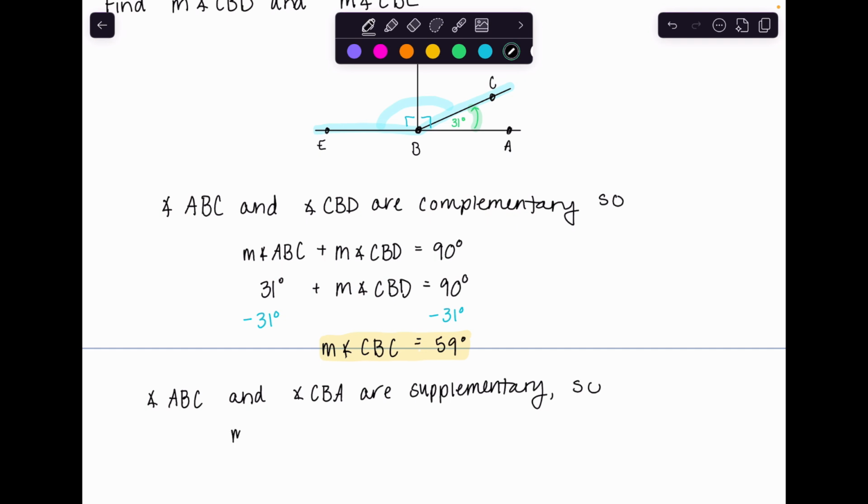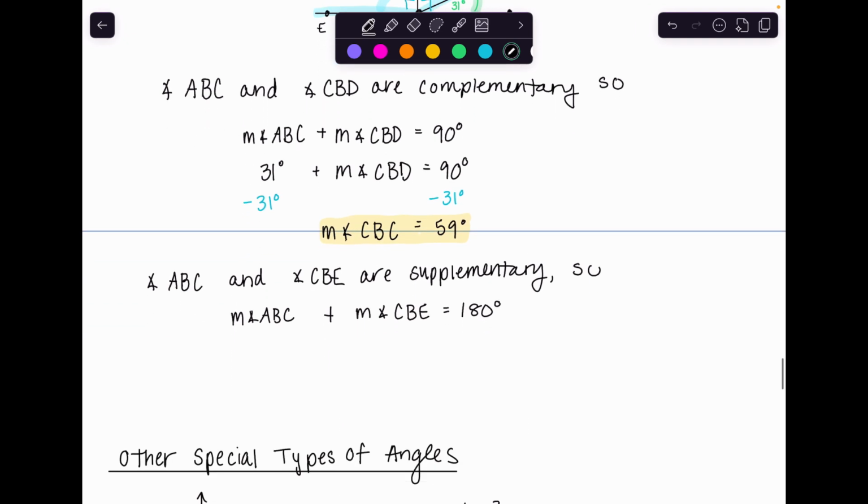So if I take the measurement of angle ABC and I add the measurement of angle CBE, those have to equal 180 degrees. And again, I already know the measurement of angle ABC, that's 31.